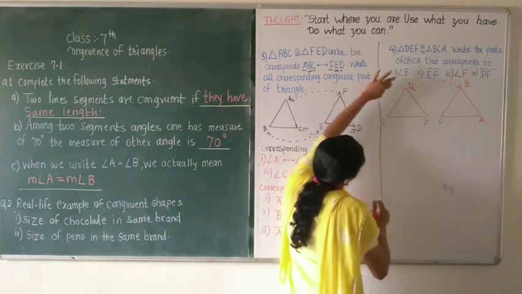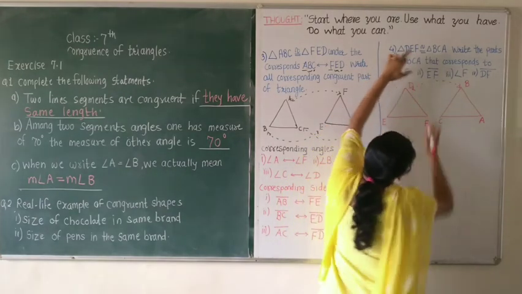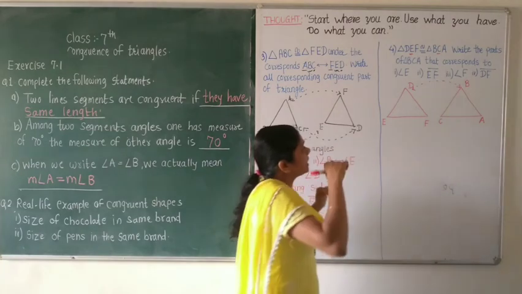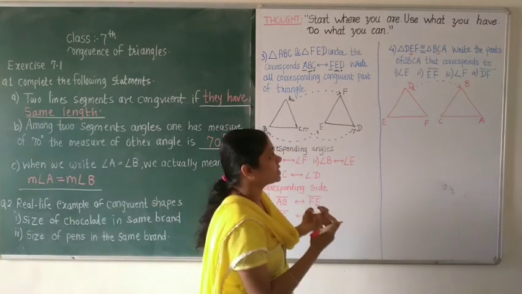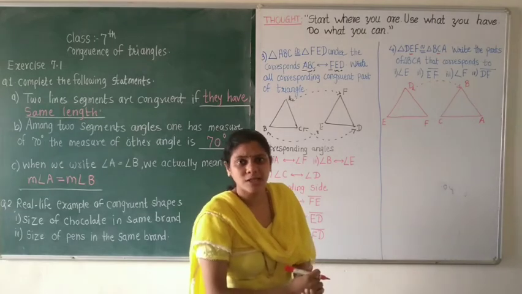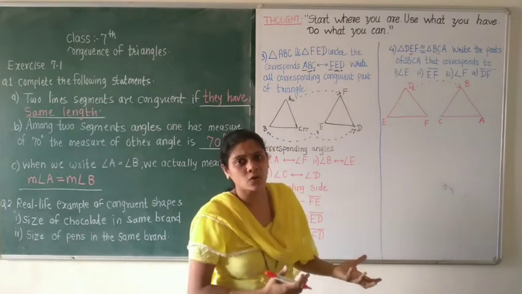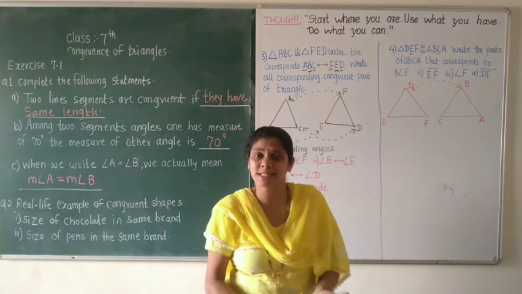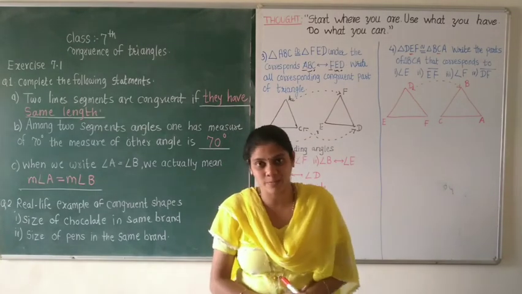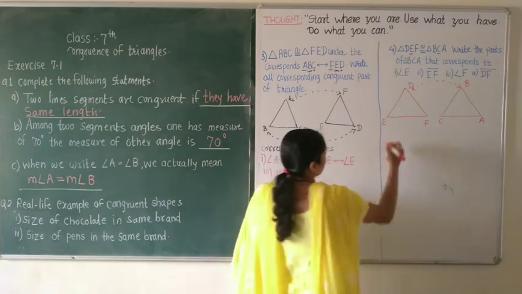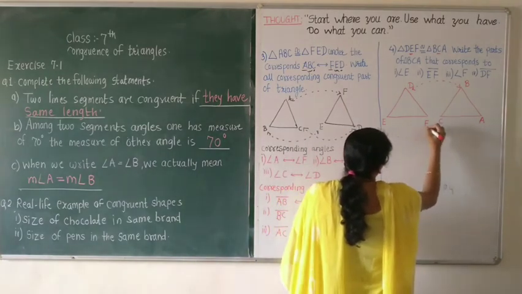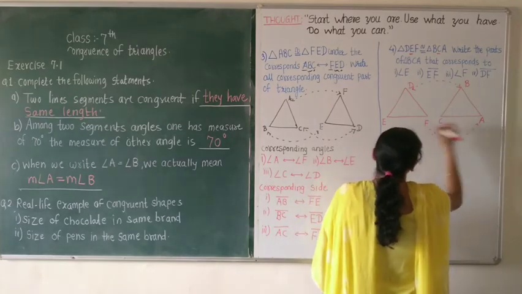Then E corresponds to C. Now you will say that there is no statement which expresses their corresponding way. So it is not necessary. They have given us their congruency. So with the help of that congruency statement, we can find out the corresponding angles and sides also. Okay. So E to C and F to A.